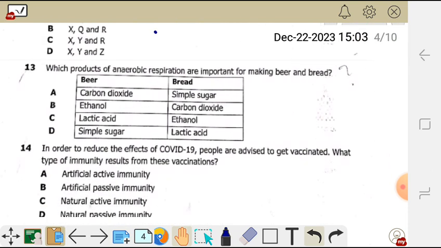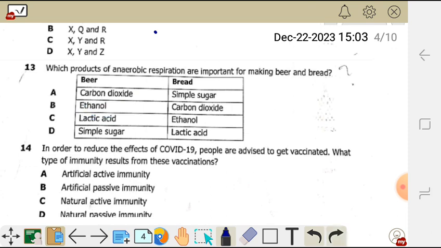Question 13. Which products of anaerobic respiration are important for making beer and bread? The products of anaerobic respiration which are important for making beer and bread are ethanol and carbon dioxide. Yeast is involved in fermentation to produce ethanol.